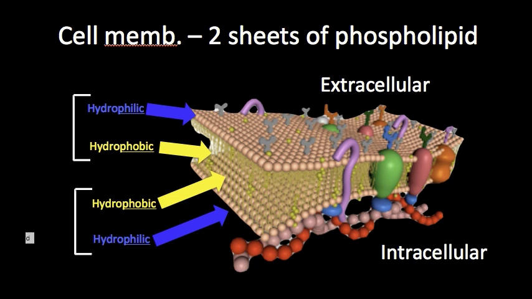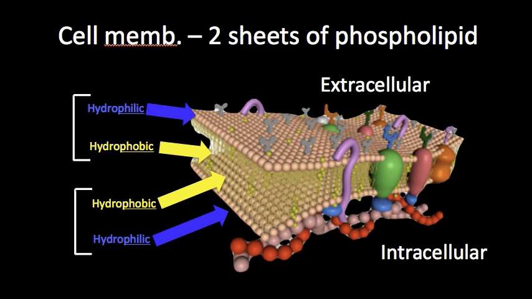And here's a diagrammatic representation of what it looks like. It's actually 2 sheets of phospholipid or fat. The phospholipid on one end, on one surface, is water soluble or hydrophilic, and the other surface is hydrophobic.